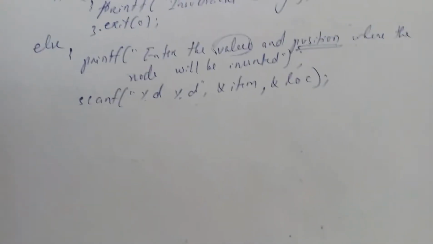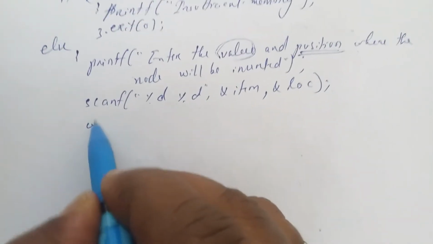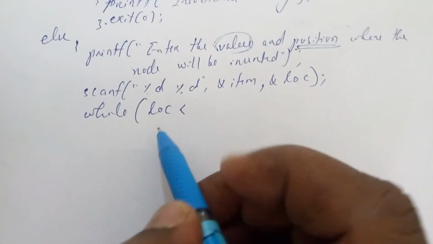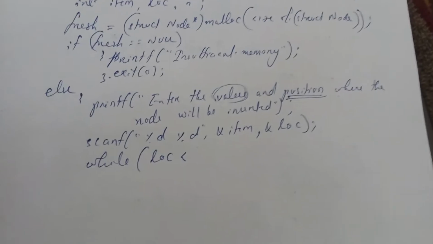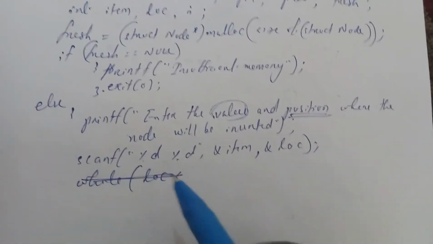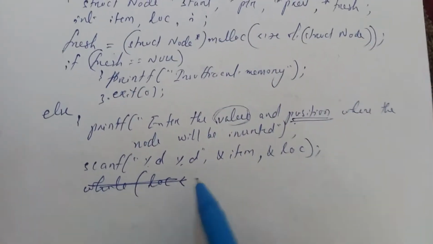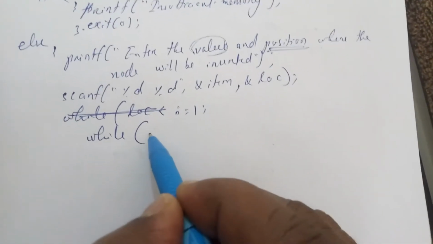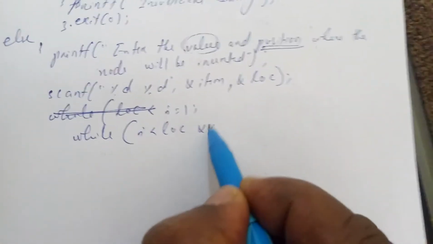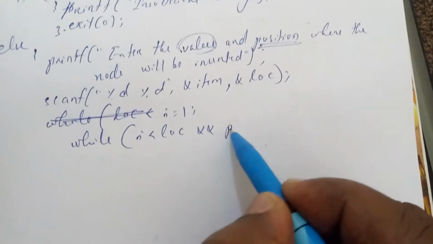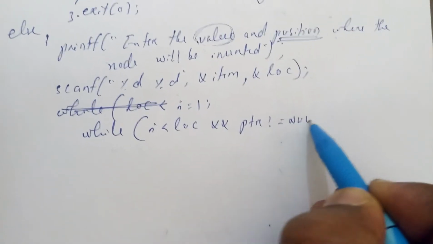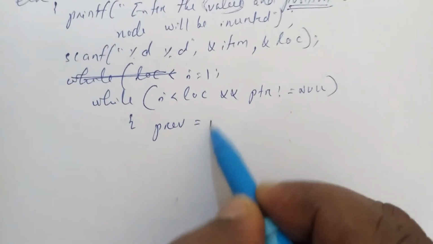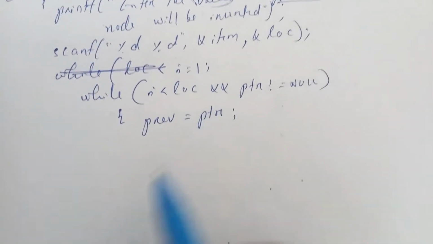After that, we'll check the location. Before that we have to initialize the i value. So suppose i equals to 1, then while i less than location and ptr not equals to null, previous equals to ptr.